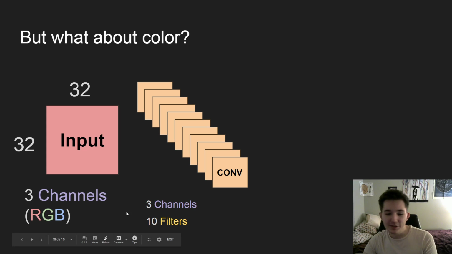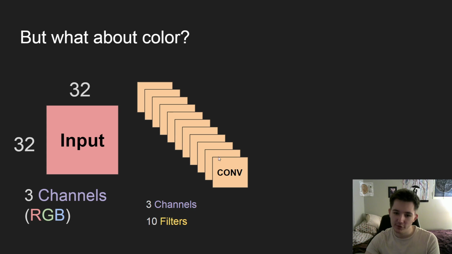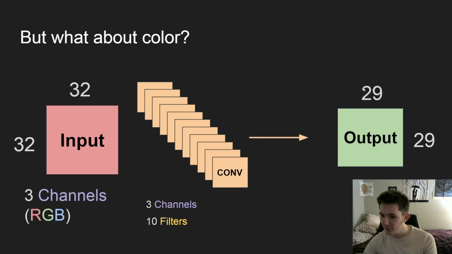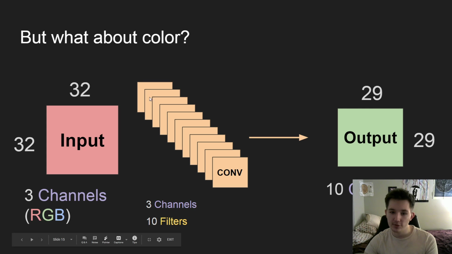So don't be too scared of the fact that we're adding a lot of dimensions. You can just think of it as having a bunch of different filters and having them all be color filters. What we end up seeing is that when we go to take the output, it is still 29 by 29, but now it has 10 channels. So it's a 29 by 29 by 10. We have 1 of these channels for each of these filters.